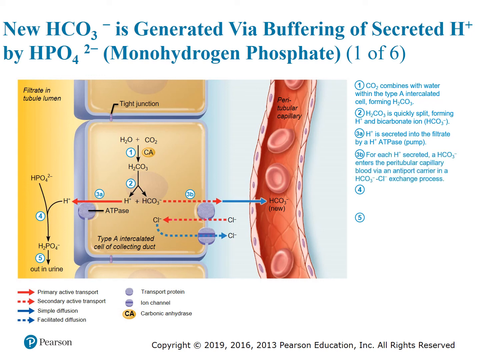In the meantime, for every hydrogen that you secrete, an HCO3 actually enters the peritubular capillary by way of an antiport carrier. Now the hydrogen that's secreted into the lumen will combine with monohydrogen phosphate, and this will form phosphoric acid, and this gets excreted in the urine. So the upshot here is that you're generating a new bicarbonate.